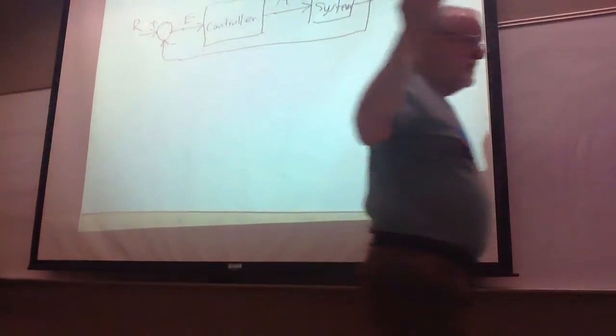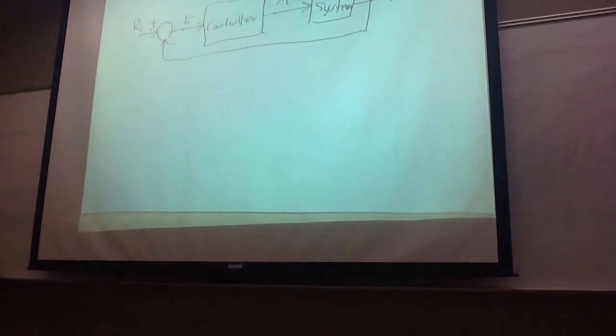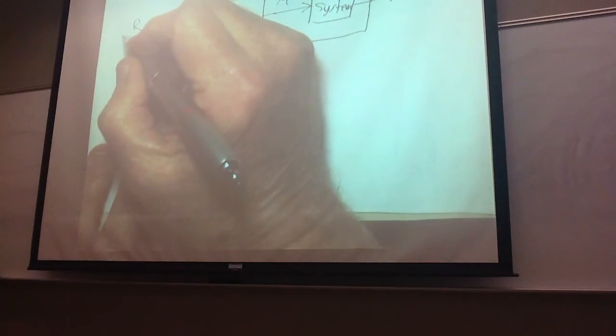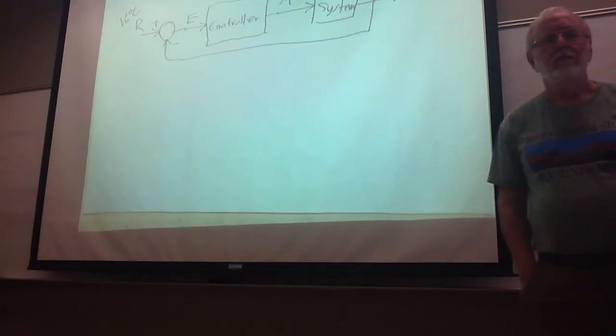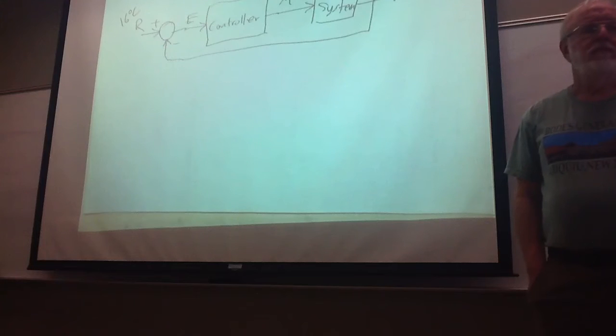So let's say the temperature in this room has a set point of 72 degrees. That would be in Celsius, let's say 16 degrees Celsius. I just sort of made that up in the drawing. I think it's 16. Anybody know what 72 Fahrenheit is in Celsius? 20?